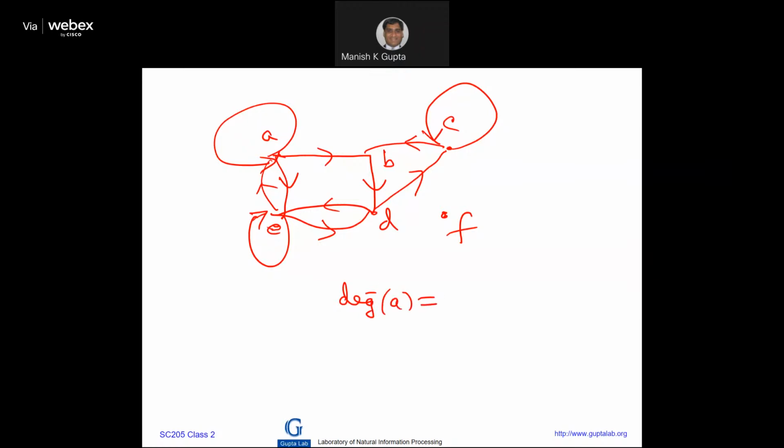Can you tell me what the in degree of A is? In degree means, this is coming here, how many arrows are coming towards A? 2. Very good. In degree of C? 3.